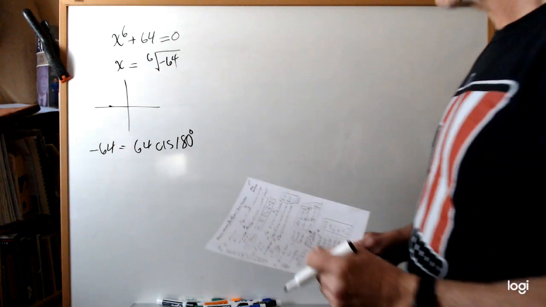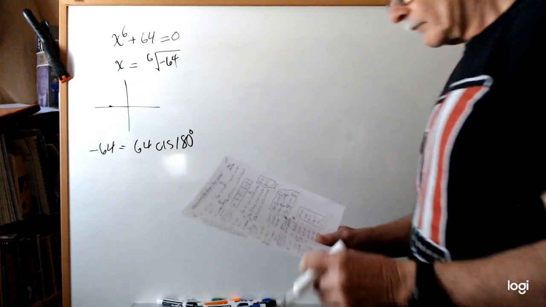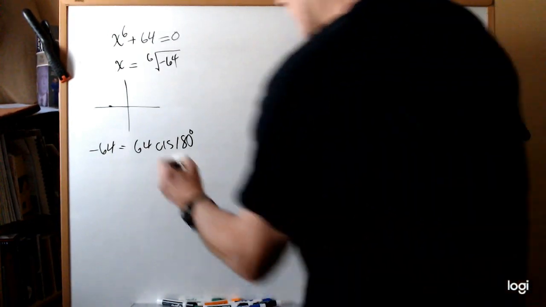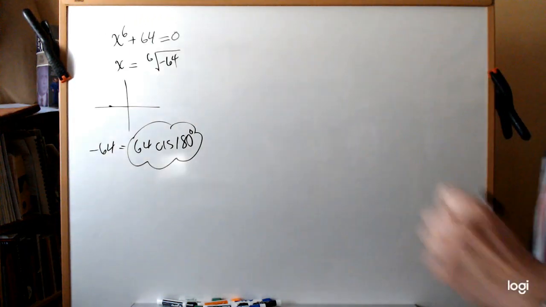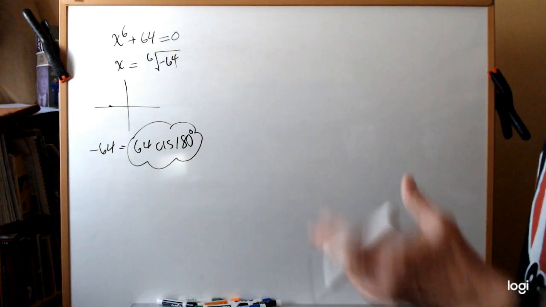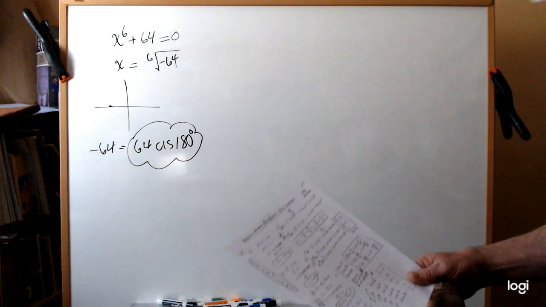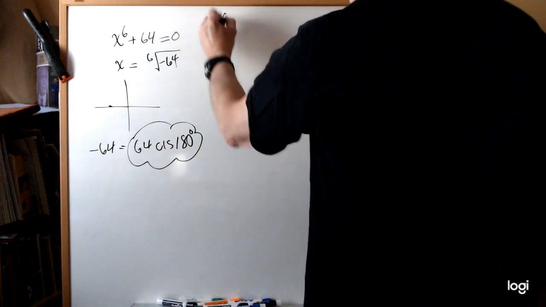So we're going out 64 units in this direction, and that direction would be 180 degrees. Okay, so this is what we'll be taking the sixth root of. You can call that z, you can call it x. It really doesn't matter.